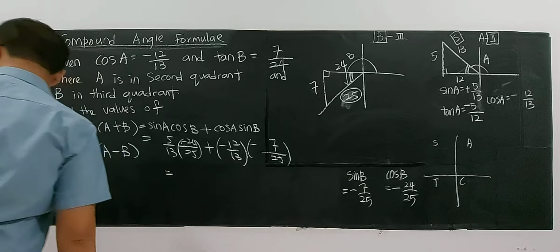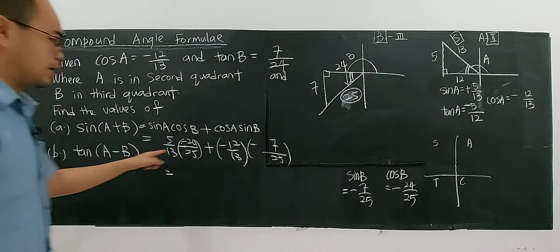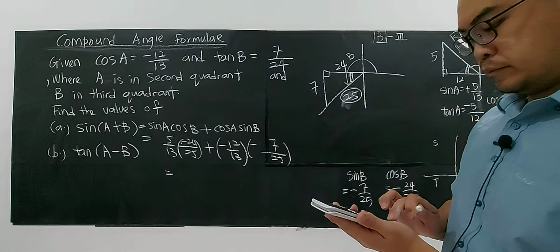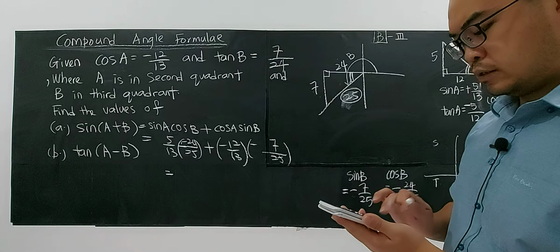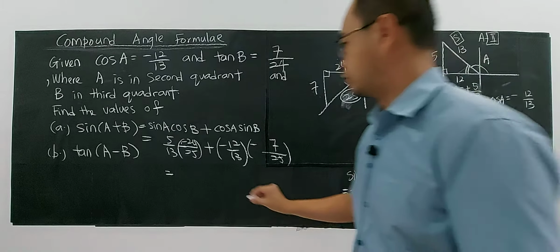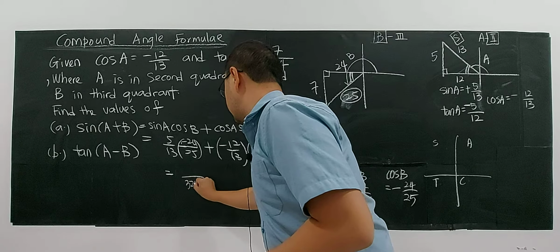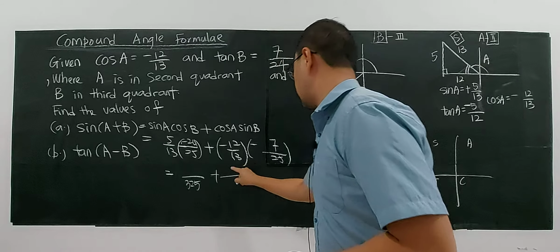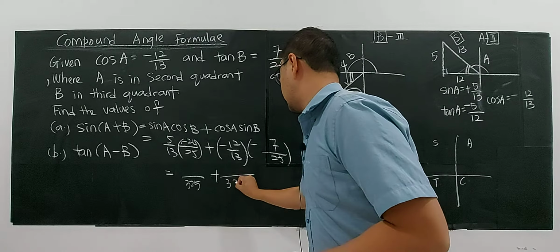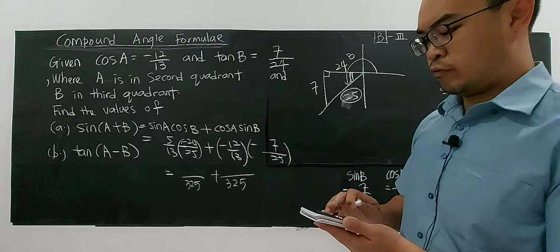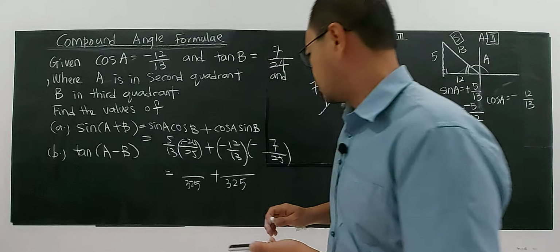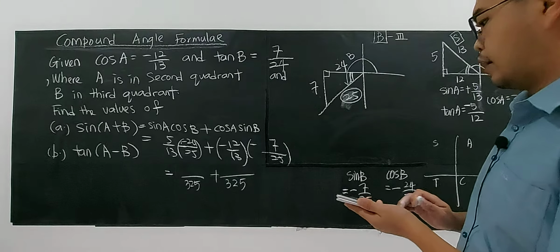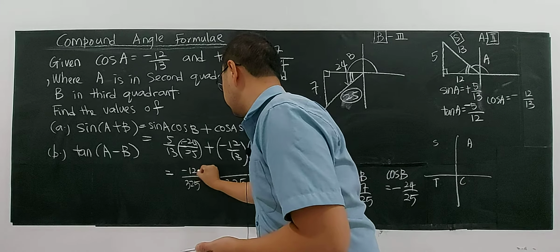So now you use a calculator and evaluate the values. Let me help you evaluate. 13 multiplied by 25, you have 325, for this. This one is negative times negative, positive, also 325. So 5 times negative 24, you have negative 120.